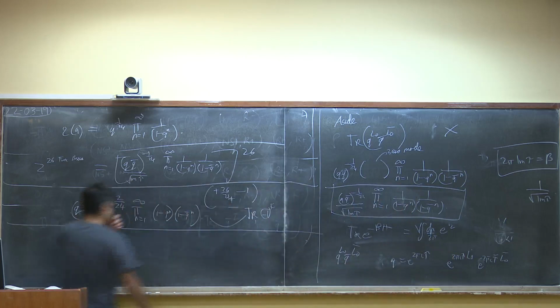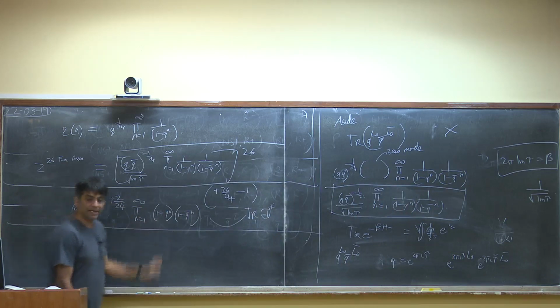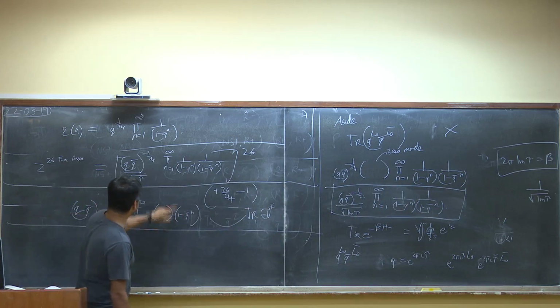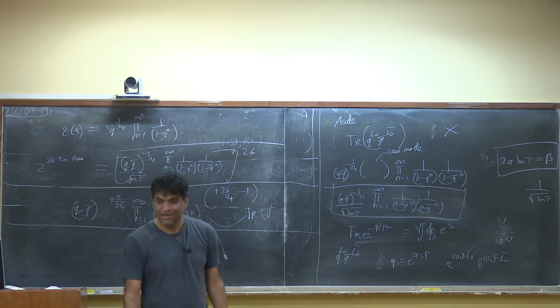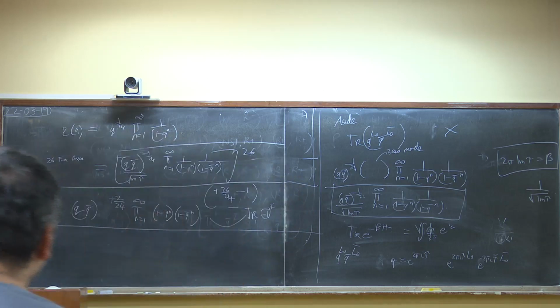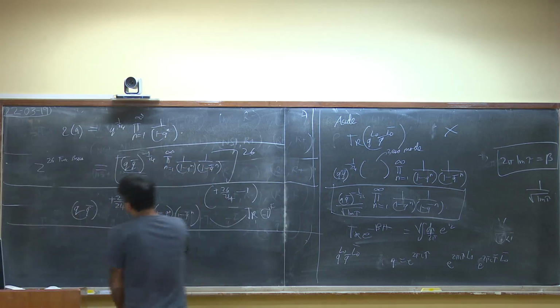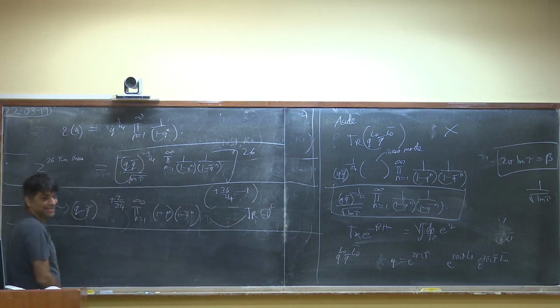Okay, great. But the important thing to note here is that at least in the oscillator part, this gives us exactly the same thing we had in the denominator for the bosons, but now in the numerator. So let me multiply these two things together and see what I get.